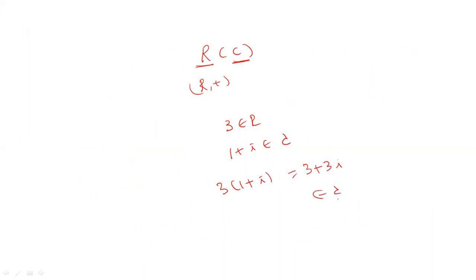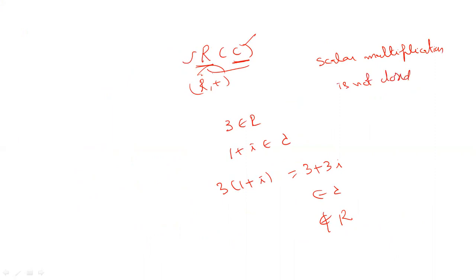They belong to C, but they do not belong to R. Therefore, the product of a real into a complex belongs to complex, not real. Therefore, scalar multiplication is not closed. Therefore, R over C is not a vector space.